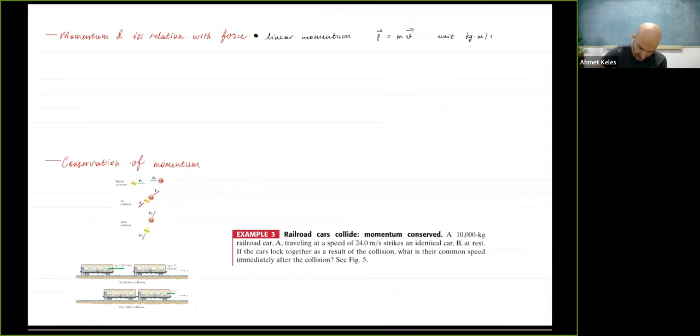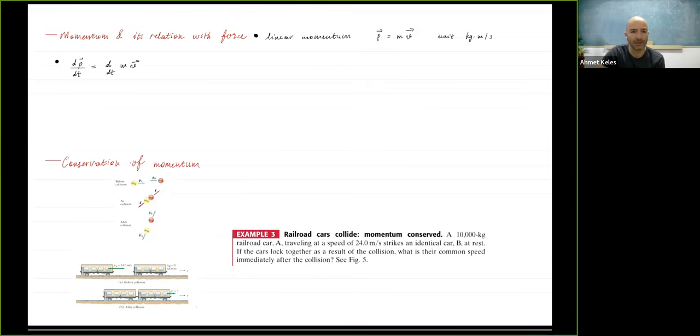So why is this interesting? Let's take a look at the change in momentum. We can do average change and instantaneous change, but we can just start with what we need. dp/dt is equal to d/dt of mv, and we are assuming the mass is constant.